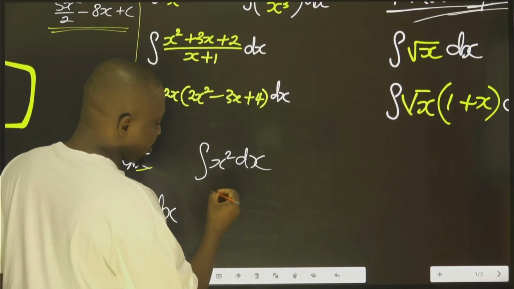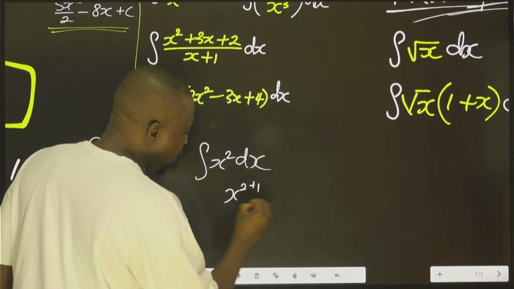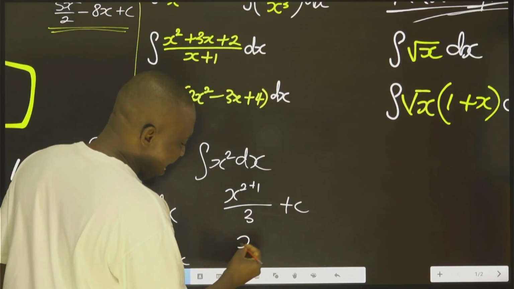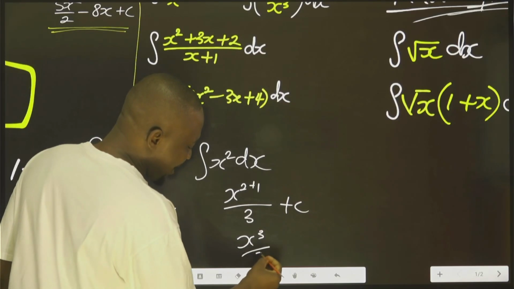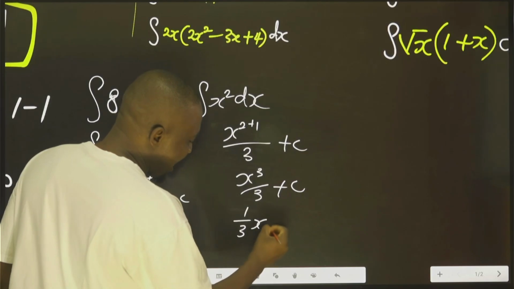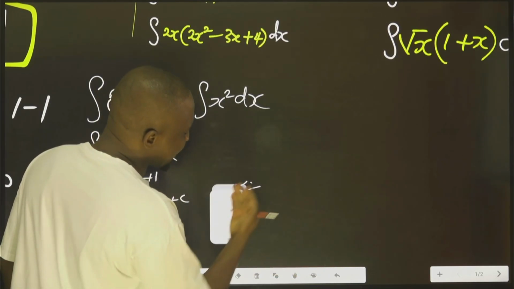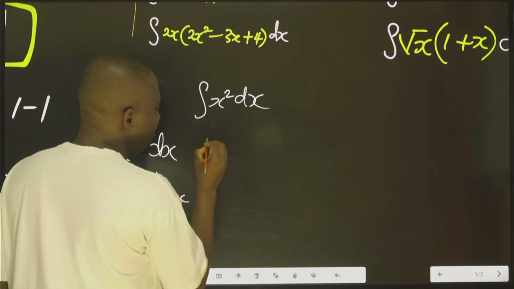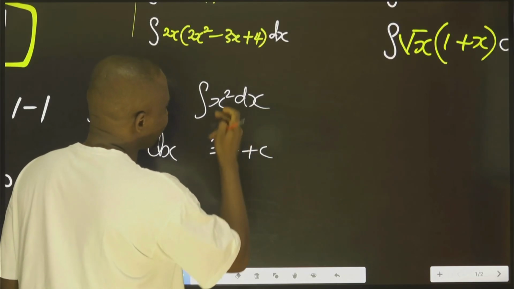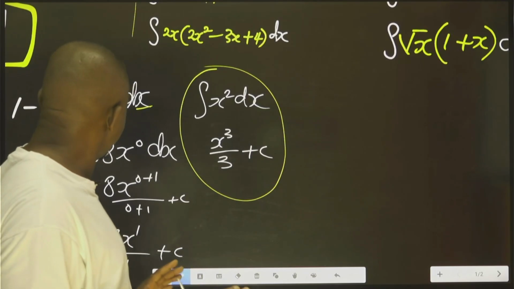So this simply means what? x^(2+1) over 3 plus C. Remember, this is 3. x raised to the power 3 over 3 plus C, which is 1 over 3 x raised to the power 3 plus C. So I don't actually need to waste my time with all this. When you see this, simply do x raised to the power 3 over 3 plus C. Very easy and direct.